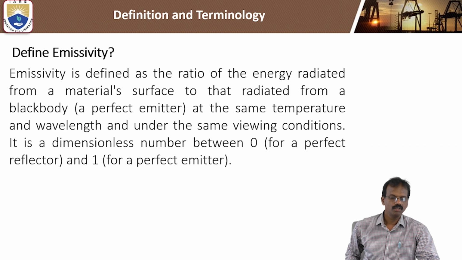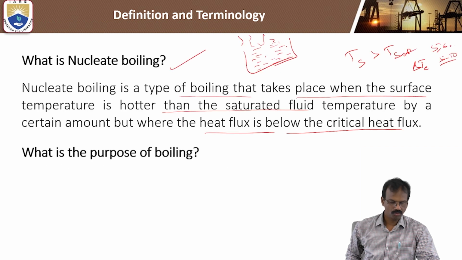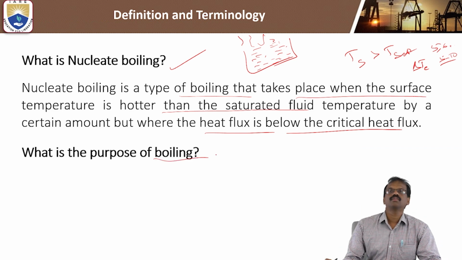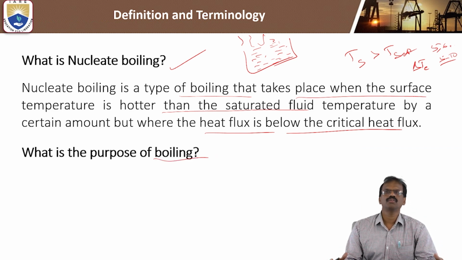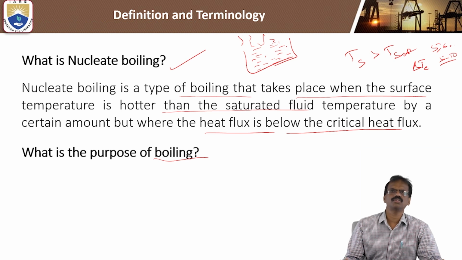Next, the purpose of boiling is the conversion of water or liquid into vapor. That vapor is used as steam energy to run the turbines and to produce electrical energy.